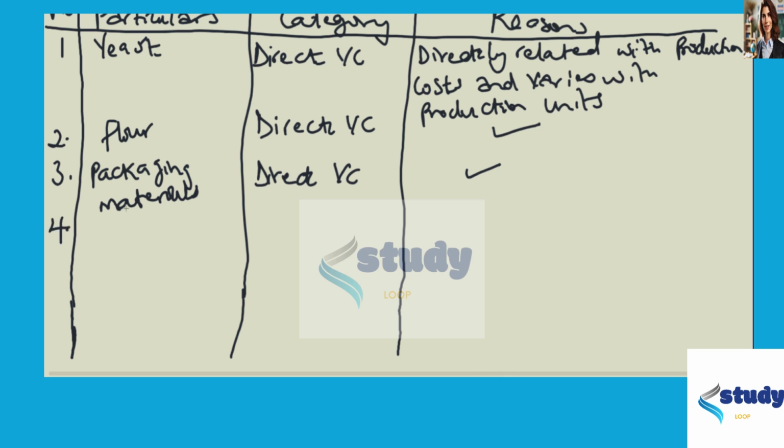The fourth one is the depreciation on oven, and this is an indirect fixed cost, because it is a cost that is not directly related to production and doesn't vary with the unit of production.